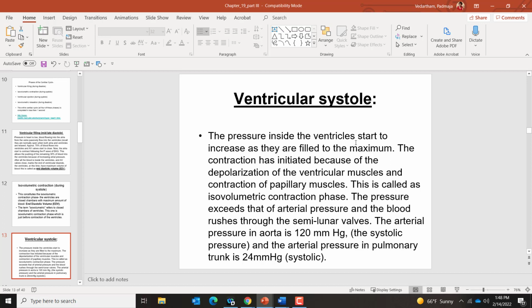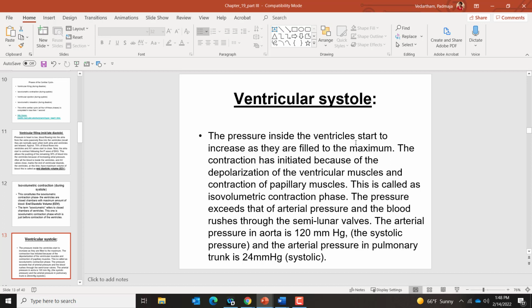Once the ventricles start to contract, the pressure increases, and that pressure pushes against the semilunar valves. Again, it is happening in both ventricles at the same time. You have the same volume of blood in both ventricles, and as they contract, the pressure is still increasing.